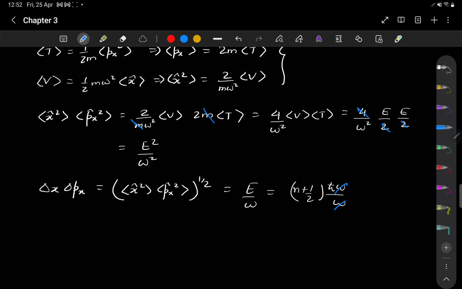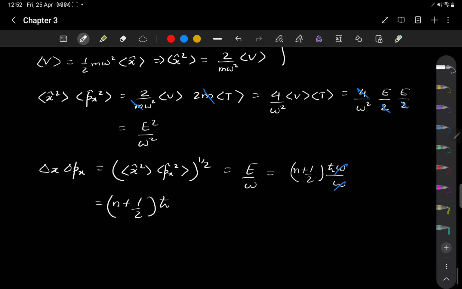So omega cancels out, giving us the desired result, (n plus half) h cross. So the uncertainty product for a quantum harmonic oscillator is delta x delta p equals (n plus half) h cross, and for the ground state it is the minimum uncertainty product, which is h cross by 2.